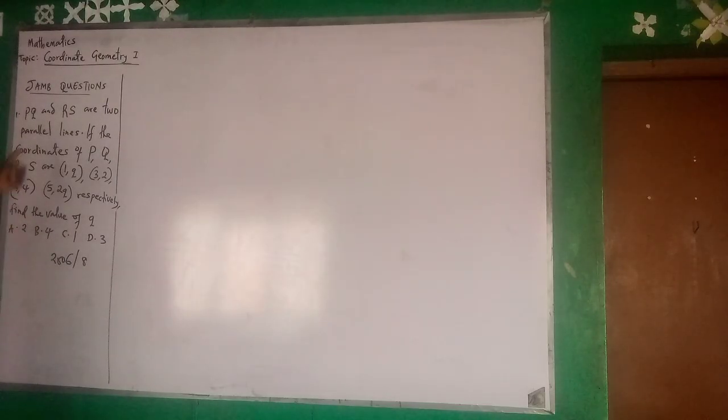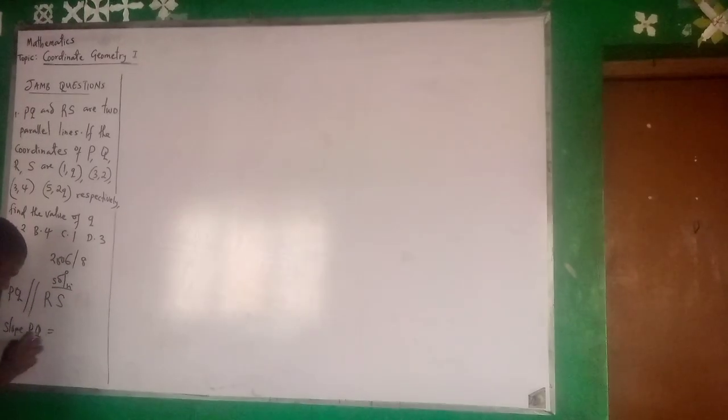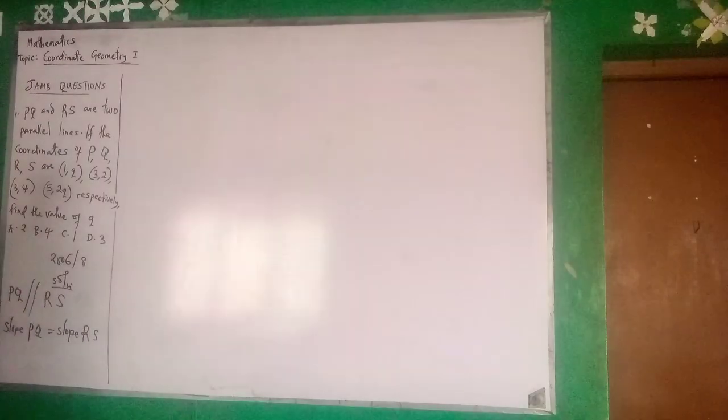Now I told you the condition for lines to be parallel, right? Solution. From the question, if PQ is parallel to RS, it means that slope PQ must be equal to slope RS.